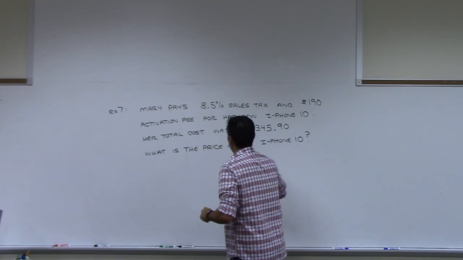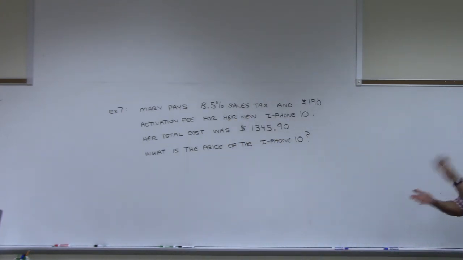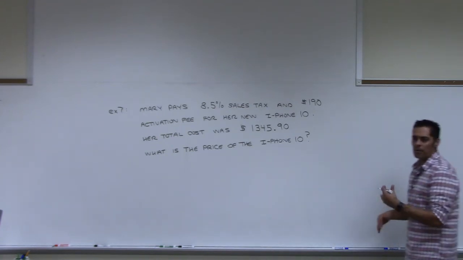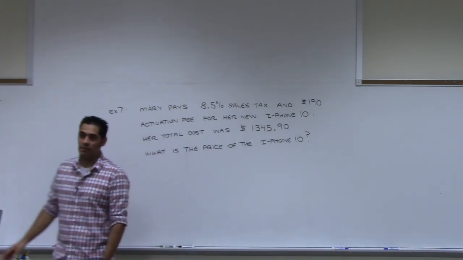I mean, $1,345.90 is how much she paid at the end, tax and everything included. But can you work backwards from this and figure out what the base sale price of the phone is?